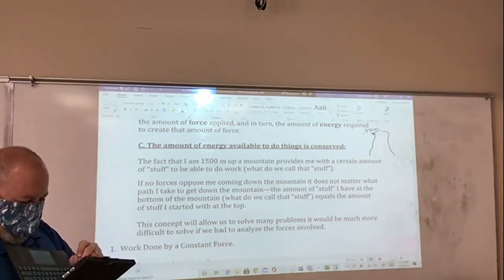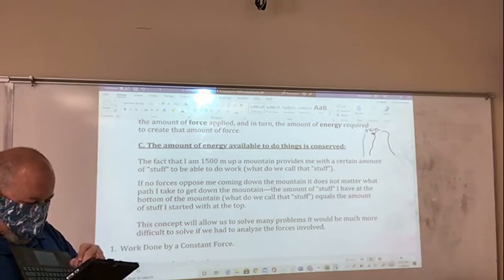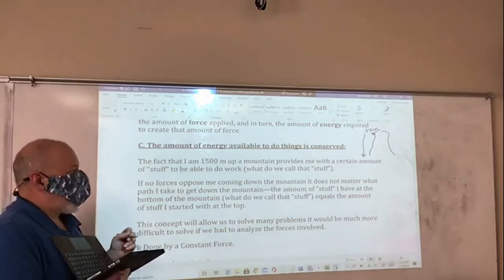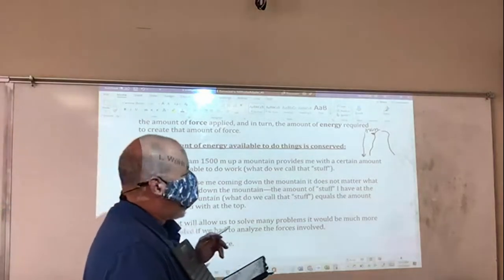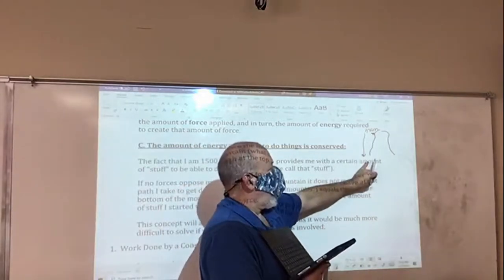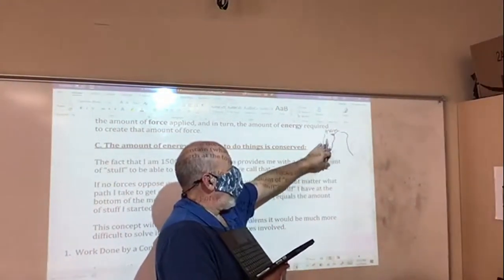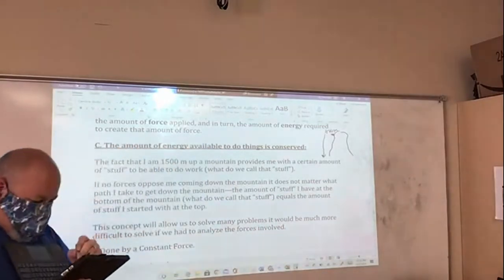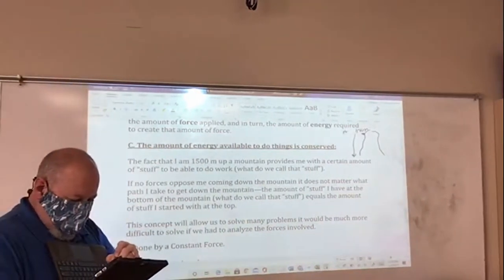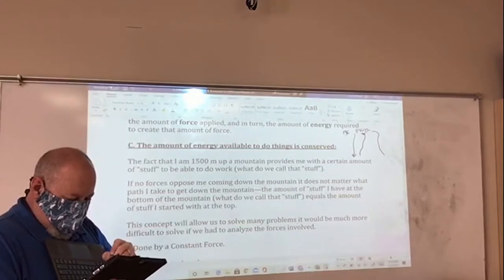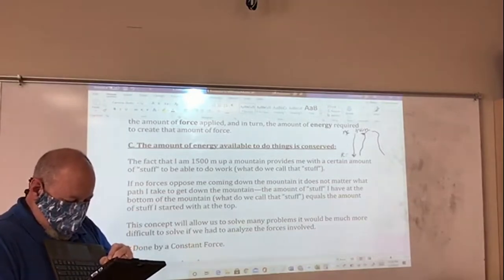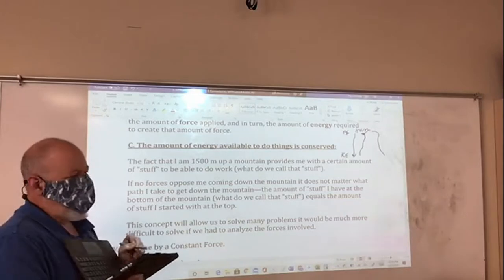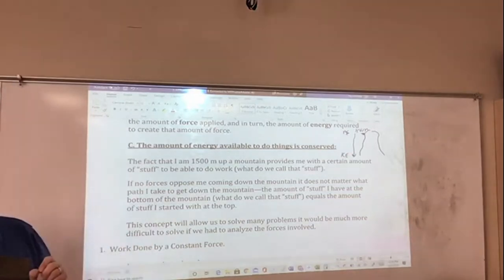And first of all, if I just drop straight down and I say that there's no air resistance at all, no friction in any way, however much potential energy I have up here, that's the amount of kinetic energy that I'm going to have down at the bottom.